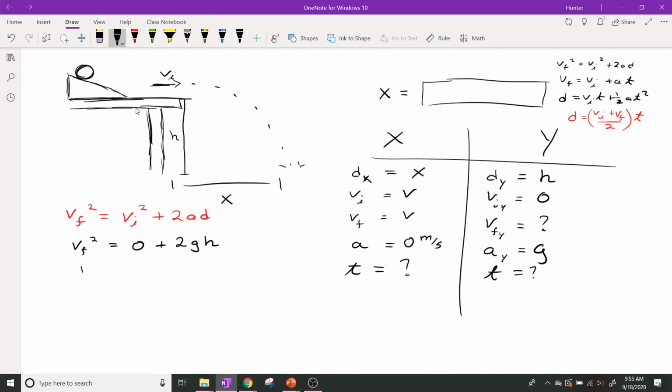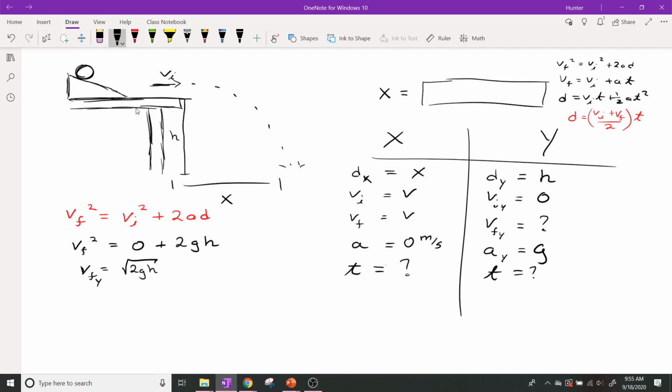So our final velocity at the end is going to be equal to the square root of 2GH in the y direction, right? That is an expression, and here's the cool thing: we know gravity and we know the height of the table, so the square root of 2GH is basically the formula for the final velocity of something that is falling.